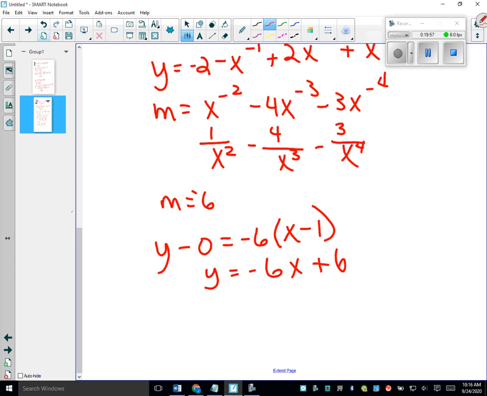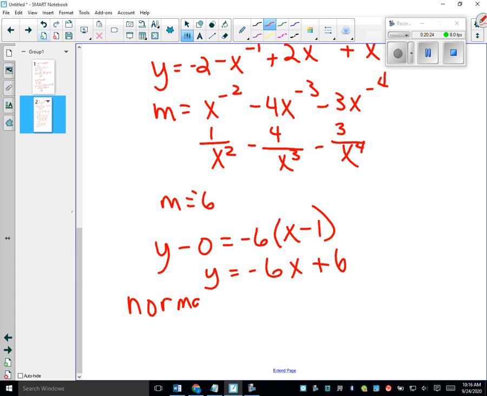There's my tangent line. Nice. Guys, to find the normal line, I cannot just take this line and turn over the slope. Yeah, some of you seem to want to. How do I find the normal line?